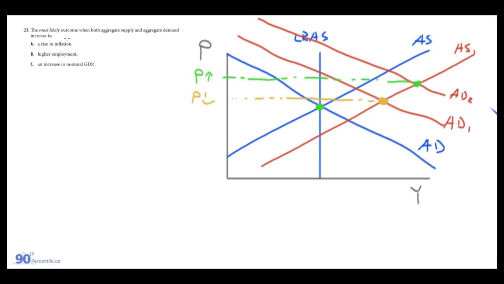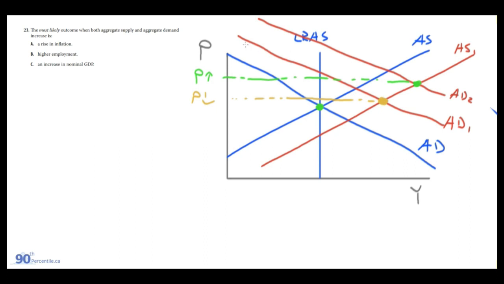So coming back to our question, the most likely outcome, a rise in inflation could be true, but we could also have a shift in aggregate demand and aggregate supply that meets. So let's just draw one more here.